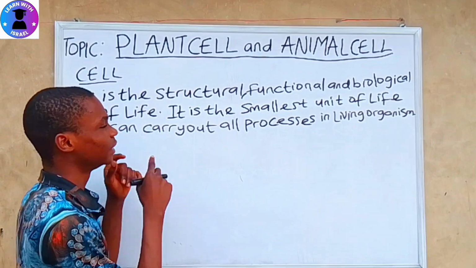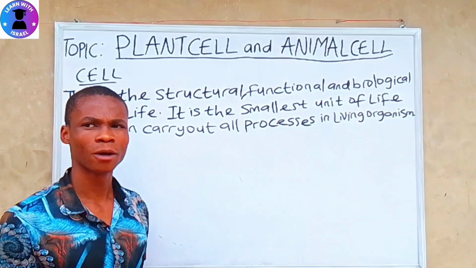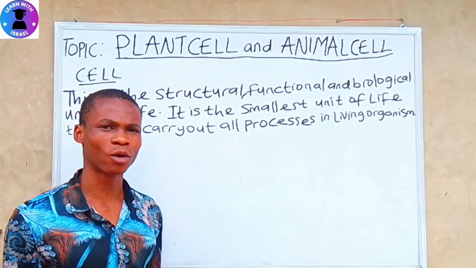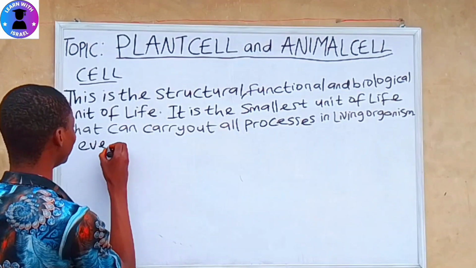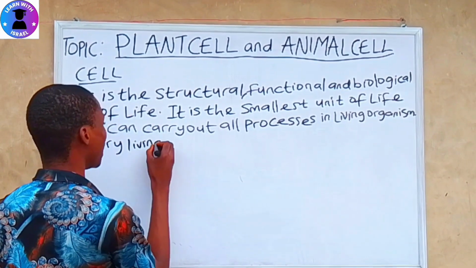Every living thing is made up of cell. We have single cell and we have multiple cell. We have single cell and complex cell.